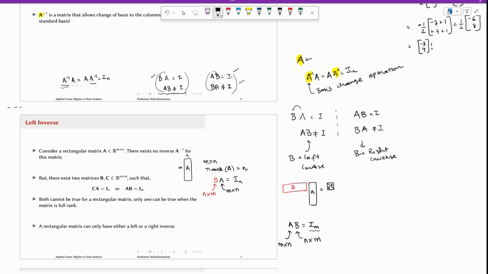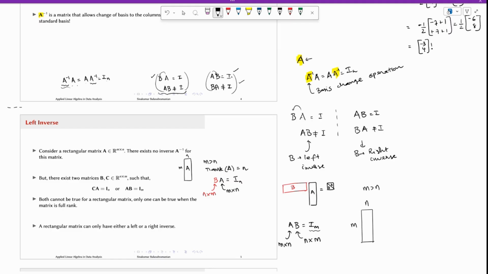We can make a geometric argument as to why that is. Okay. You have A, right? It's full rank, M cross N. M is greater than N. What space are the columns from? Well, there are only two possibilities, R^M or R^N.